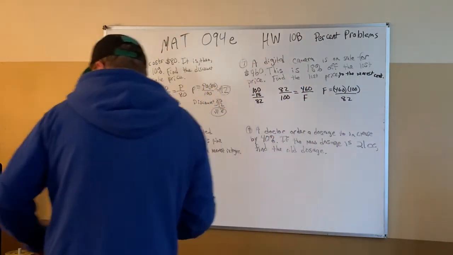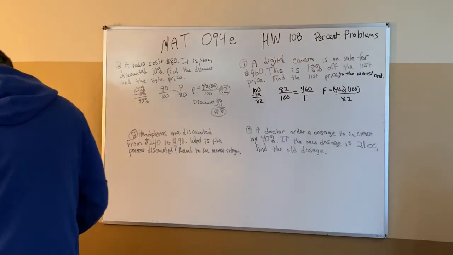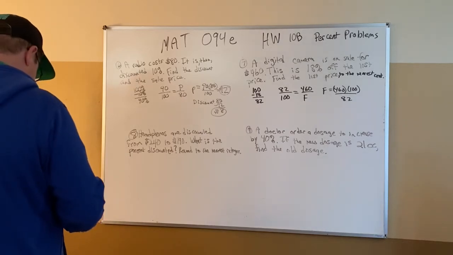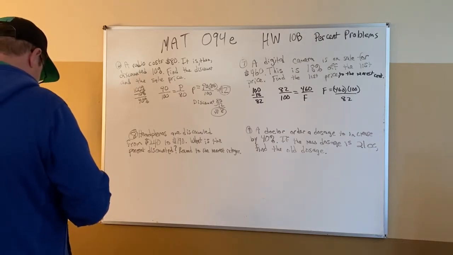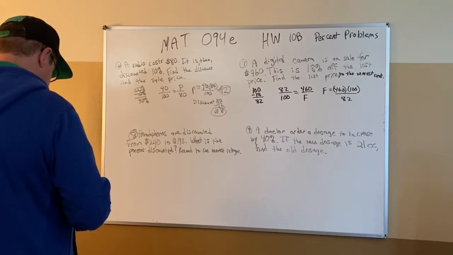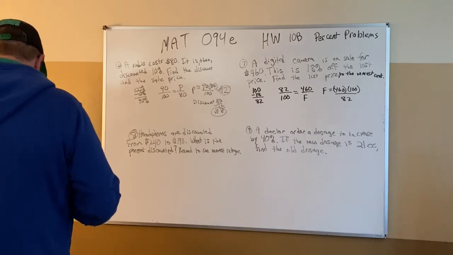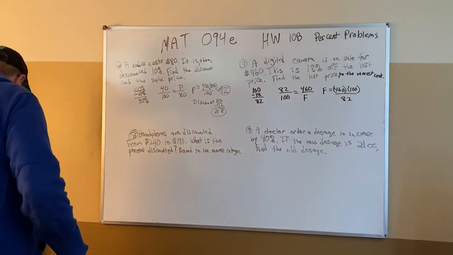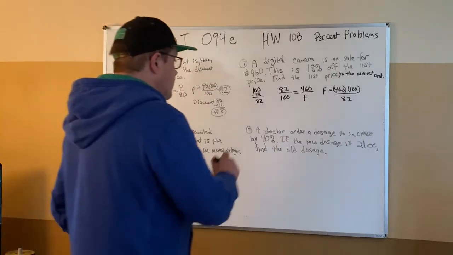So we'll take 460 times 100 divided by 82. Times 100 and dividing by 82. It is 560.975.